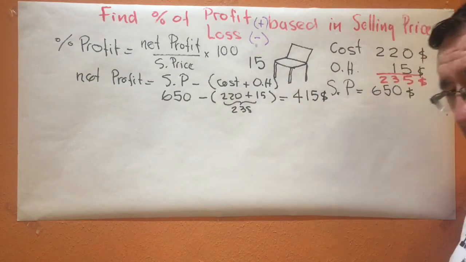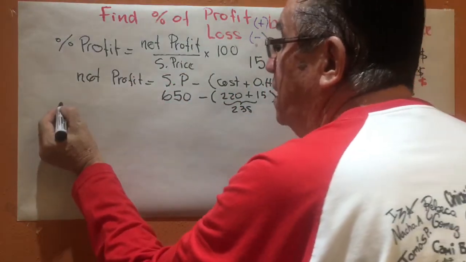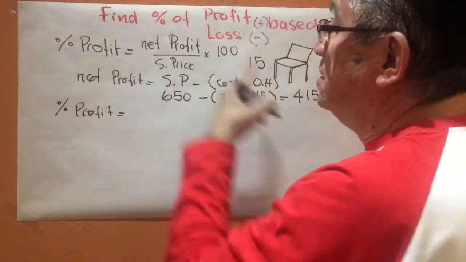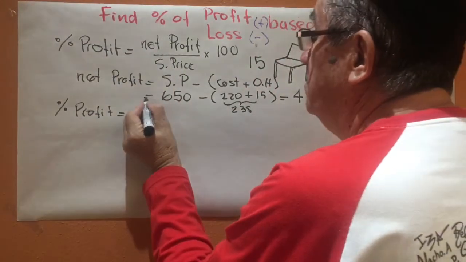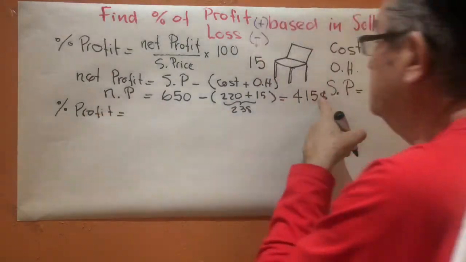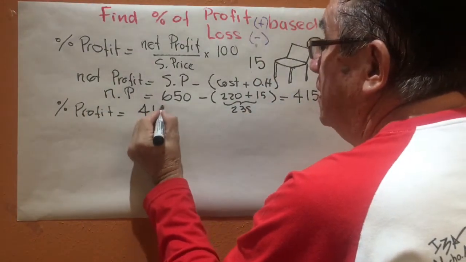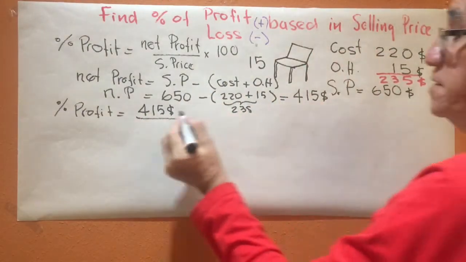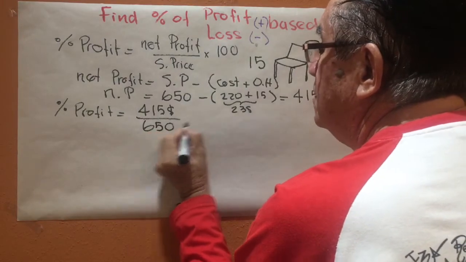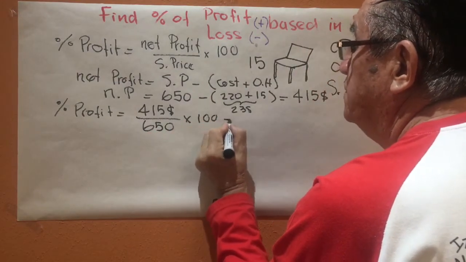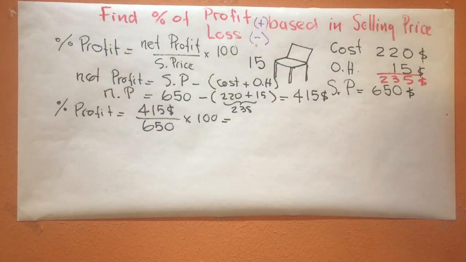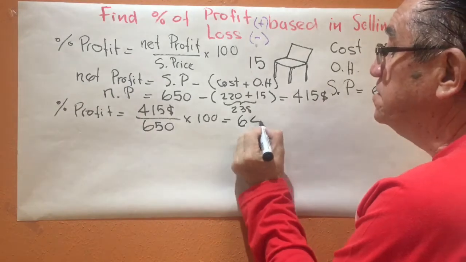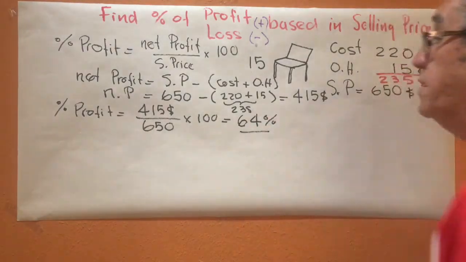All right? Now I can calculate my percentage of profit. My percentage of profit, in this case, is my net profit, which I found, $415, divided by my selling price, $650, times 100. Doing the calculations, my percentage of profit was 64%, which is a very good business, right?